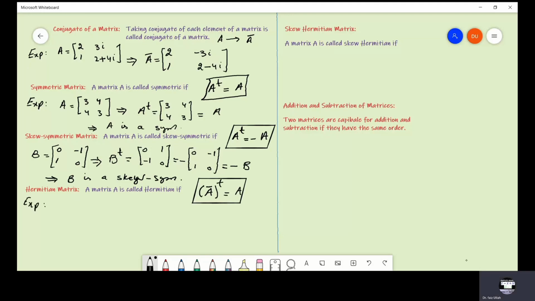In this example, we have a matrix A which is equal to 1, 2 minus iota, 2 plus iota, 0. Let us take its conjugate. Its conjugate is 1, 2 plus iota, 2 minus iota, 0.